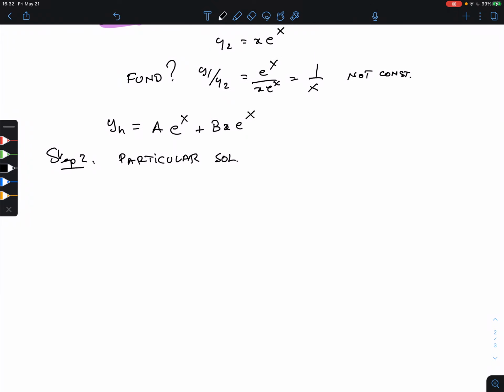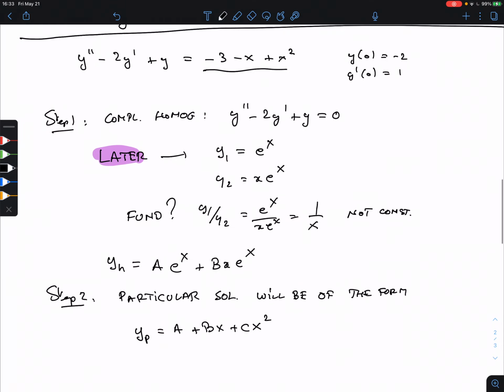I'm telling you the particular solution will be of the form A plus Bx plus Cx squared. I used A and B above already, but they are not the same A and B as there.